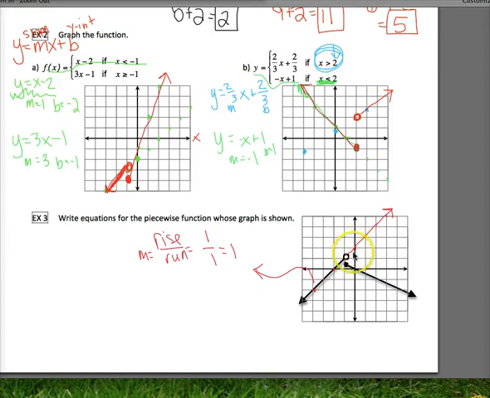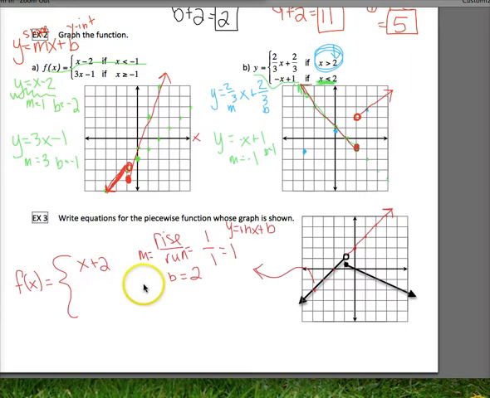Here's the y-axis. It's crossing where y is 2. So that means my b value is 2. So that means that this equation, and you can either use f of x or y, it doesn't matter, for the top piece, y equals mx plus b, I know my m is 1, my b is 2, so that'd be y equals 1x, which we can just write as x, plus 2.